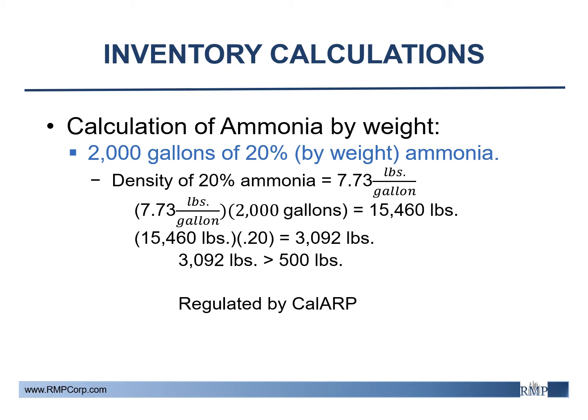Multiplying this by the 20% by weight, we have a total anhydrous ammonia quantity of 3,092 pounds. This is greater than the CalARP 500 pound limit, and thus you would fall under CalARP regulation requirements.